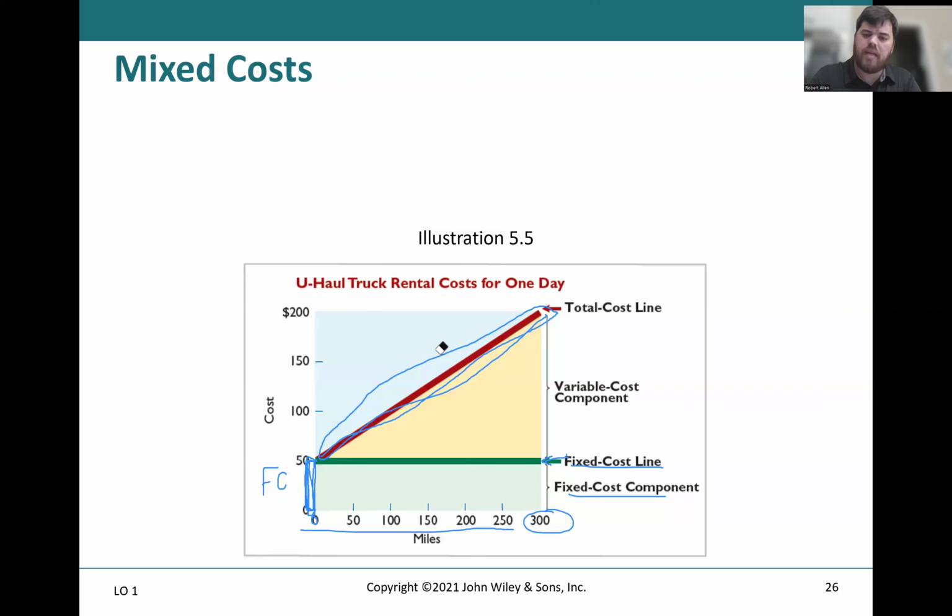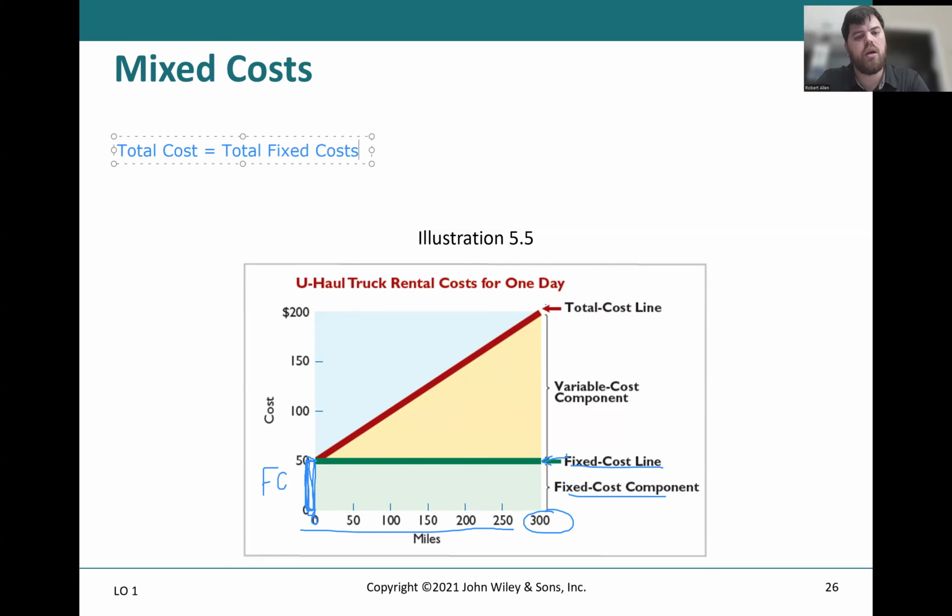And so what we'll say is that at any point on this line, I can figure out the total cost. Because to get my total cost, once again, from the very first slide of this, I need my total fixed cost plus my total variable costs.